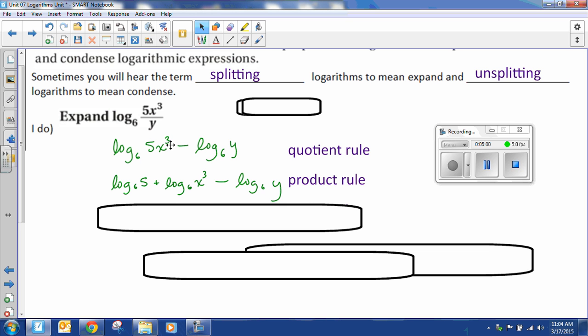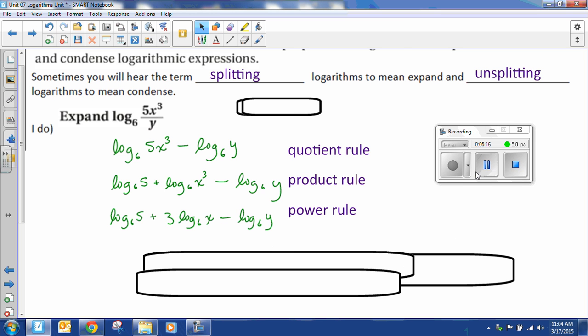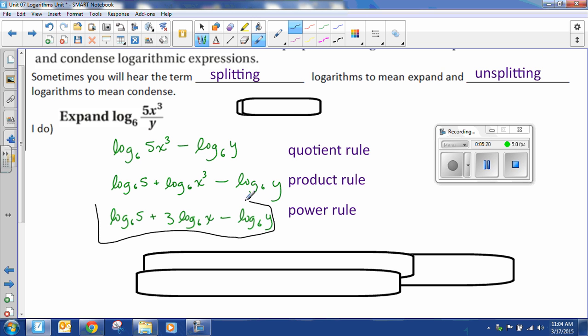So 5 times x cubed can be rewritten as log base 6 of 5 plus log base 6 of x cubed. And I would say this is done and this is done. However, this one right here we can rewrite using the power rule. 3 log base 6 of x. And this is our final expanded expression.